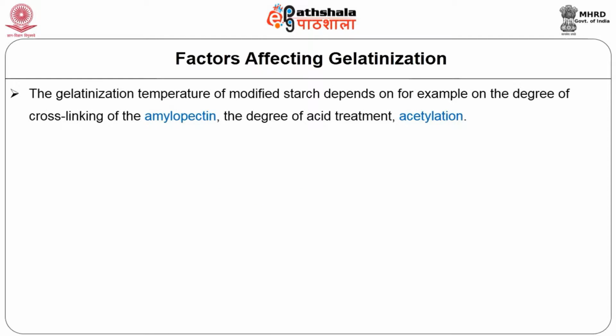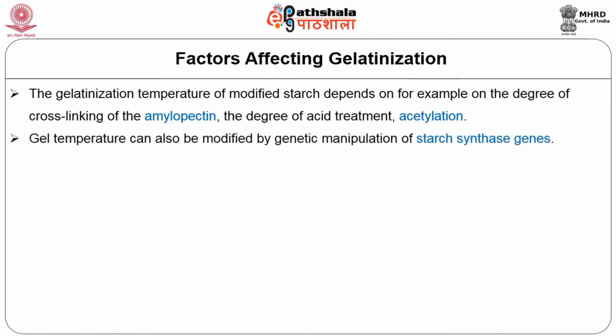The gelatinization temperature of modified starch depends, for example, on the degree of cross linking of the amylopectin, the degree of acid treatment, and acetylation, that is a biochemical reaction which takes place. Gel temperature can also be modified by genetic manipulation of starch synthase genes.